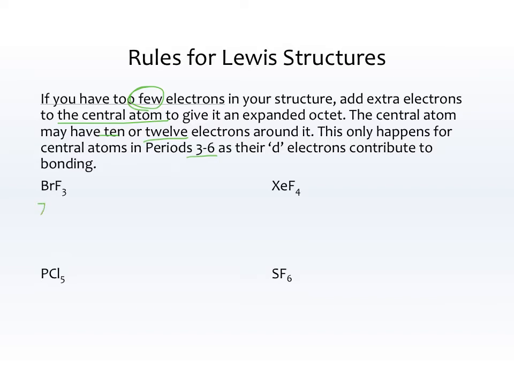Br has 7. Fluorine also has 7, and there's 3 of them. That's a total of 28 electrons. We're going to put the unique atom in the center and the other atoms around it. And then give everyone an octet. There's nobody special here that doesn't need an octet.